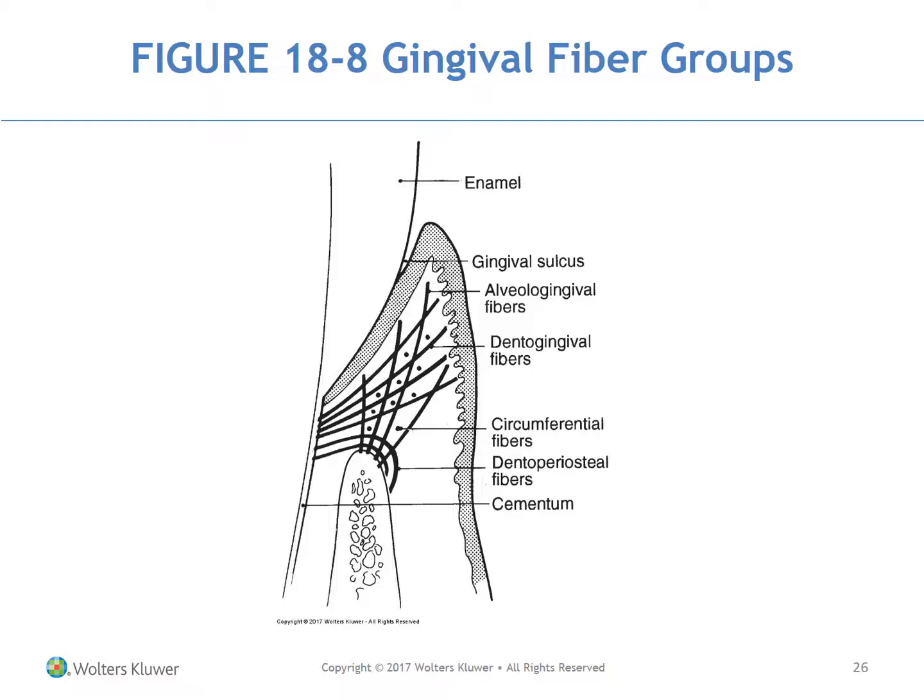They aren't attaching. Notice how there's no dento or alveolo-gingival, nothing. They're circumferential fibers. They are encircling the tooth. Then we have our dentoperiosteal fibers, okay, from the tooth to the periosteum. And then you can just see there where the cementum is on the tooth.